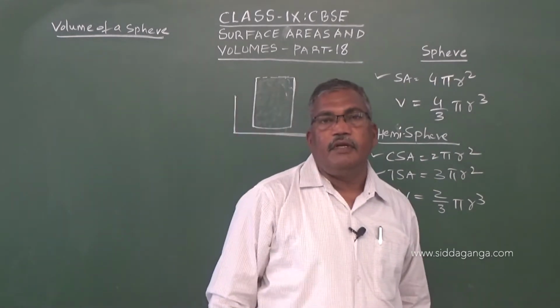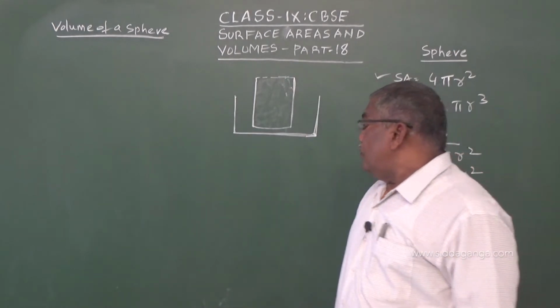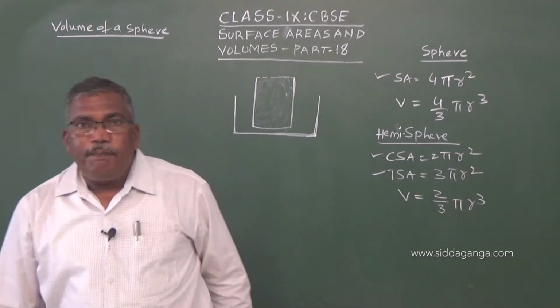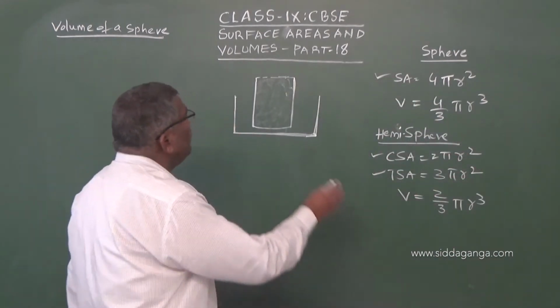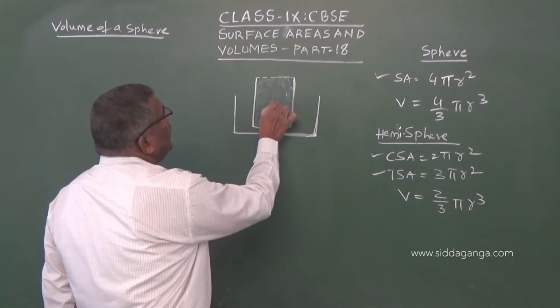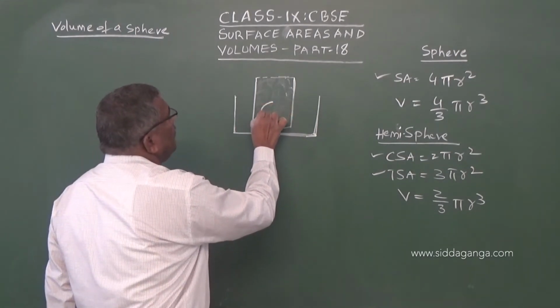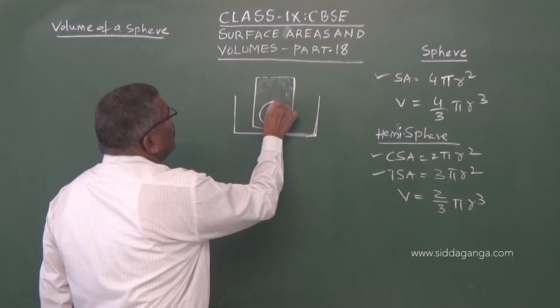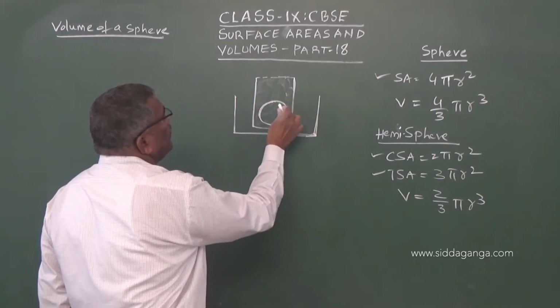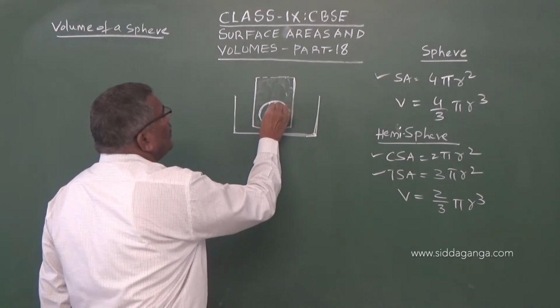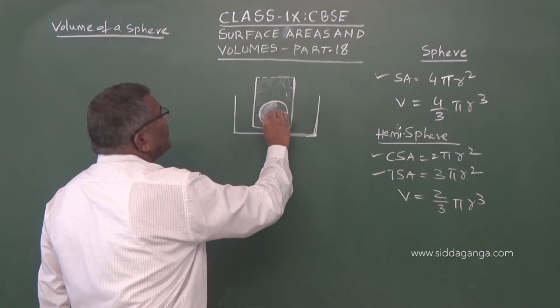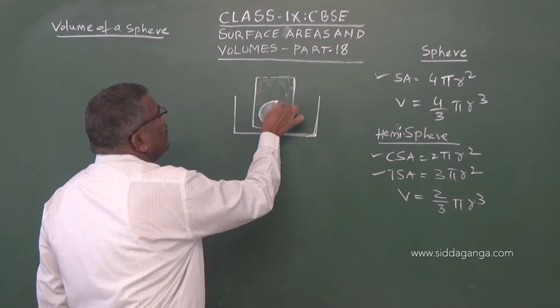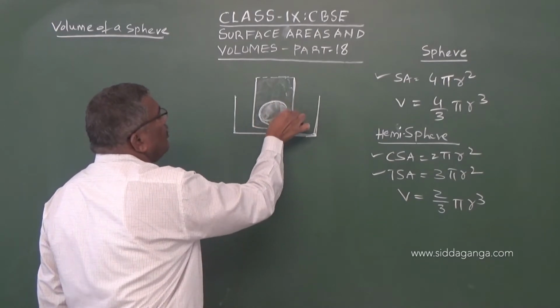Now if you slowly drop in a spherical object, maybe a shot put or a cricket ball, whatever it is, of a known radius, so we know the radius of this ball.